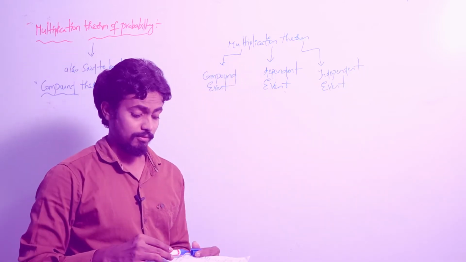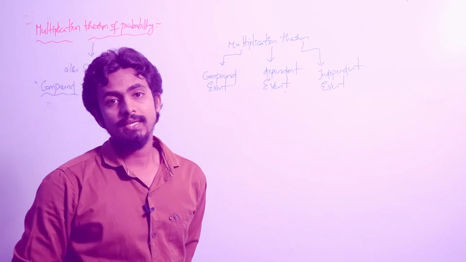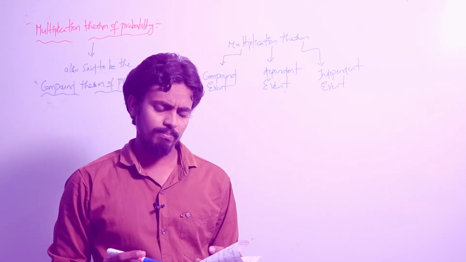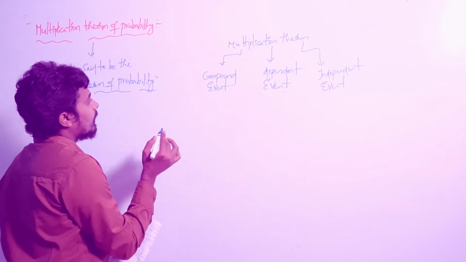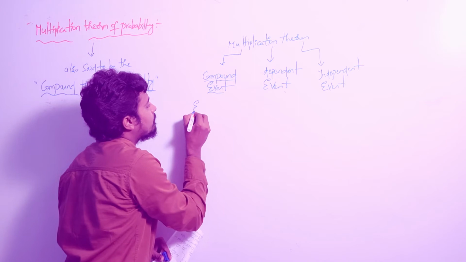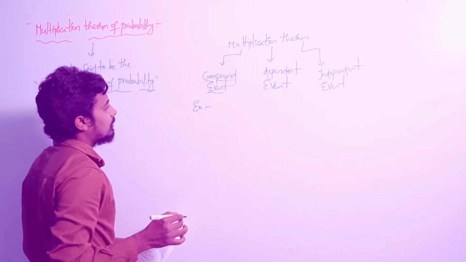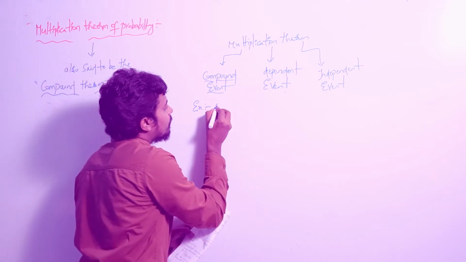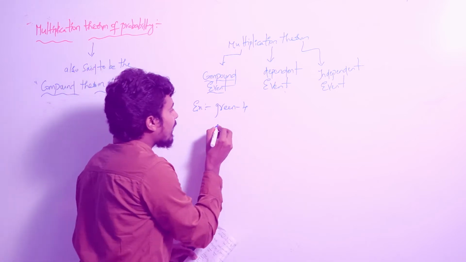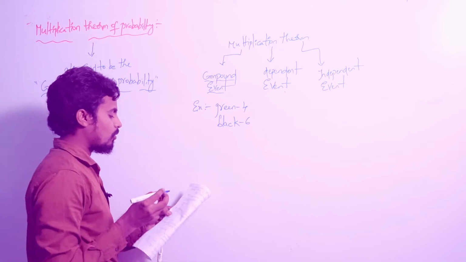Let's see first the compound event. Suppose you take different types of balls: green, black and white. Example for this compound event: green is 4, black is 6 and white is 7.